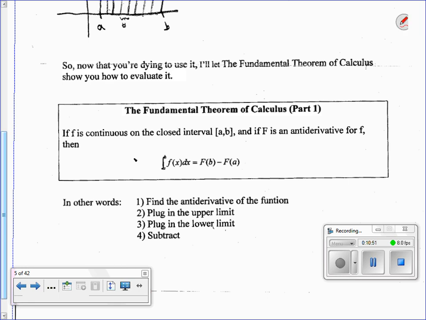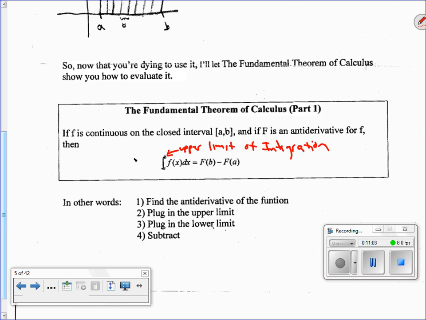This number up here is called the upper limit of integration. Guess what they call the little number down here? The lower limit of integration.